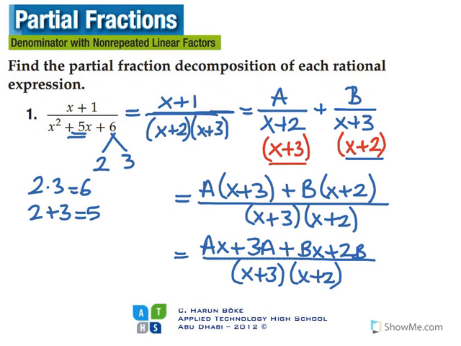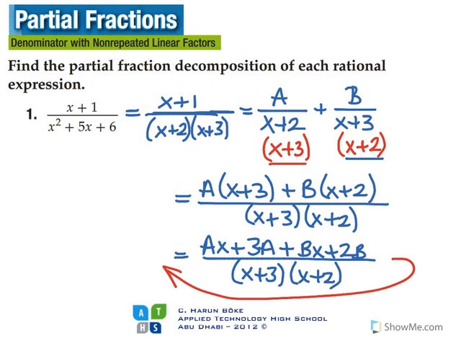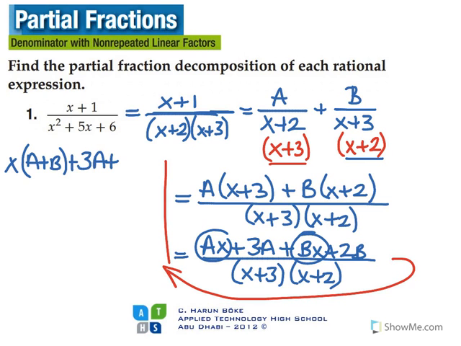Now we have to take x into parentheses, and let me show it here. So it will be like, in x parentheses, it is ax and bx, so it is a plus b, and we will have 3a plus 2b, divided by the denominator x plus 3 times x plus 2.